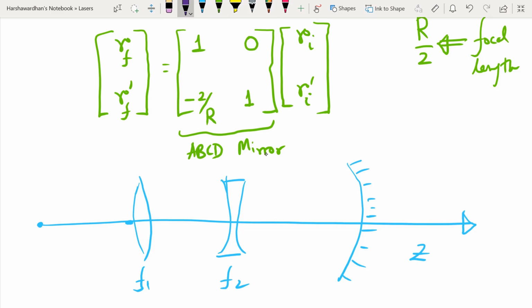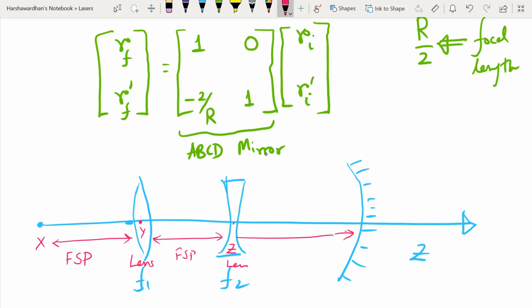So I can break down this complicated problem into steps. That is, I can ask what happens at the point X, point Y, point Z. So between X to Y, I have got free space propagation. At Y, I have got a lens, positive lens, followed by another free space propagation, another lens, and again followed by a free space propagation and followed by a mirror.